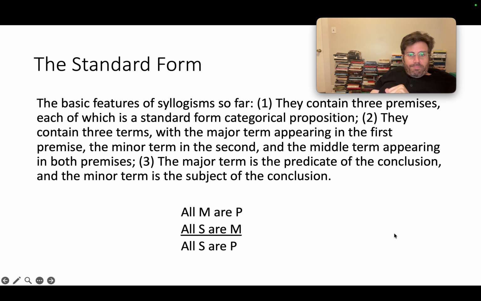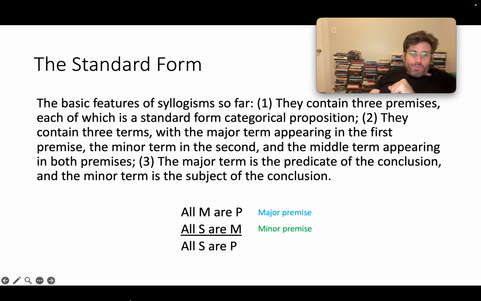So remember what our major and minor term locations are, where our middle term is designated as with M, and how the major and the minor premises function. This is our major premise, right? All M are P. We then have our minor premise, all S are M, and then we have our conclusion, all S are P. So also think for yourself about what category proposition each one of these sentences is.